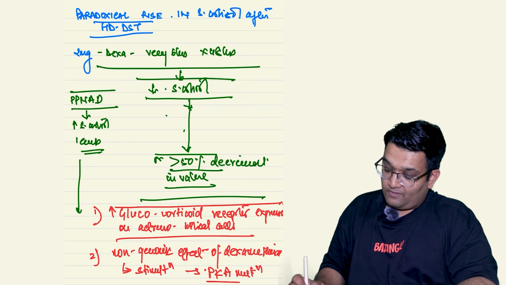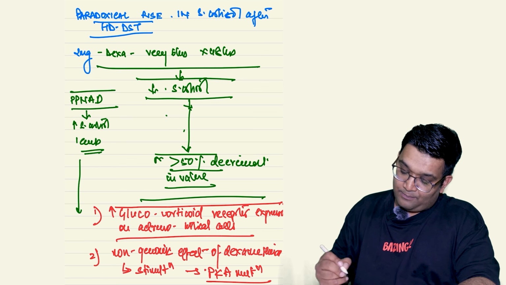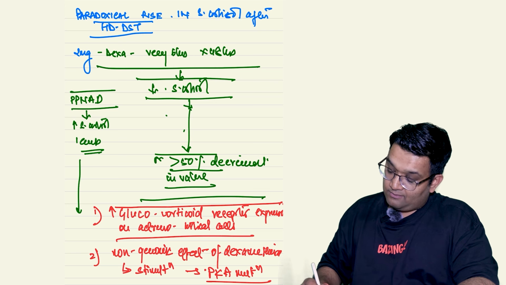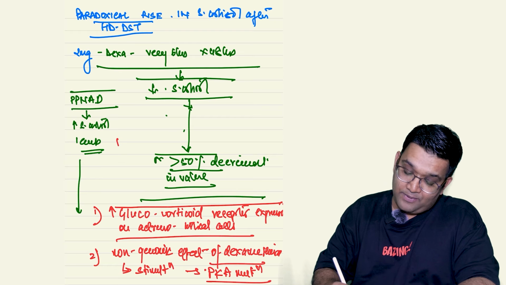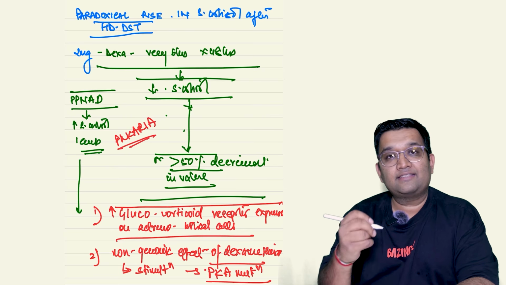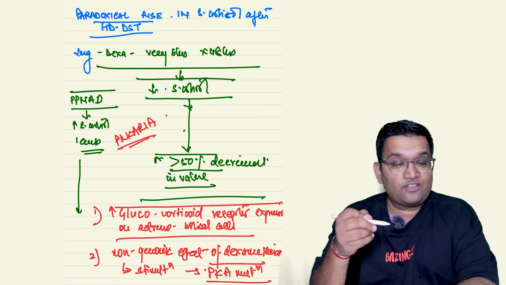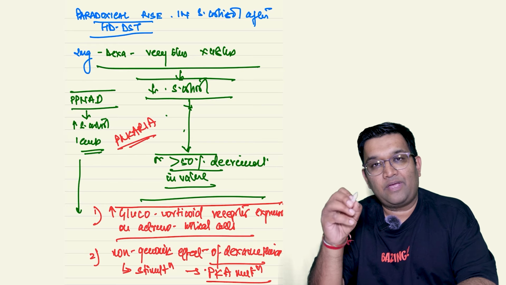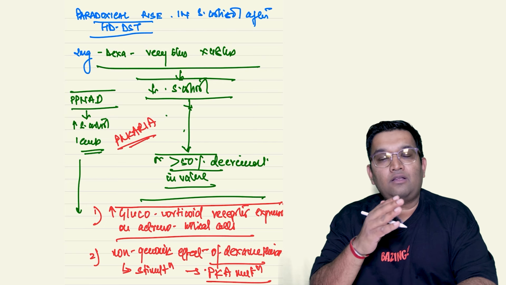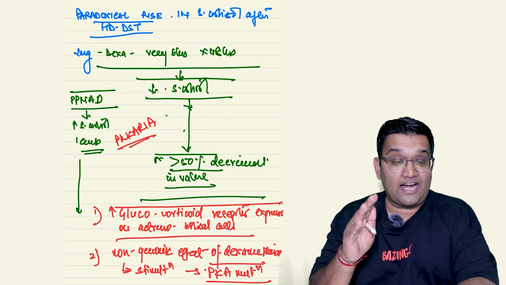Usually this protein kinase suppression should be there non-genomically, but that is not happening. This protein kinase A that we have seen in PRKAR1A, that is mutated. So there is a non-genomic effect of dexamethasone, which is actually mediated by protein kinase A, and because this protein kinase A is malfunctioning, this is causing an abnormal increase in the cortisol value post the HDDST, which ideally should not occur.